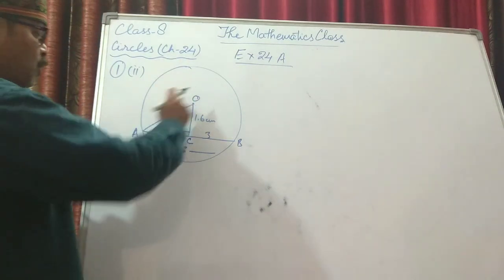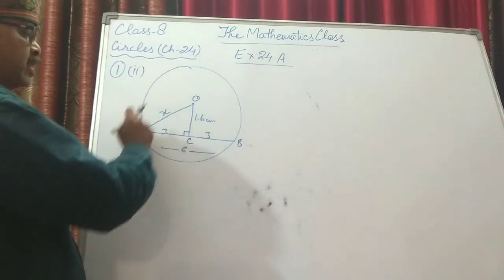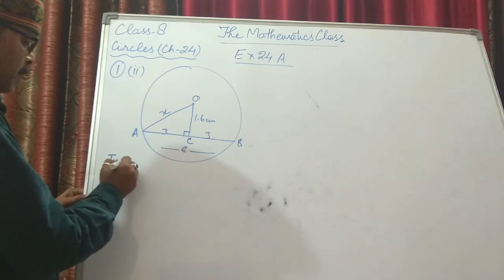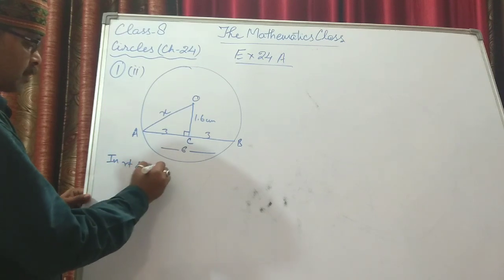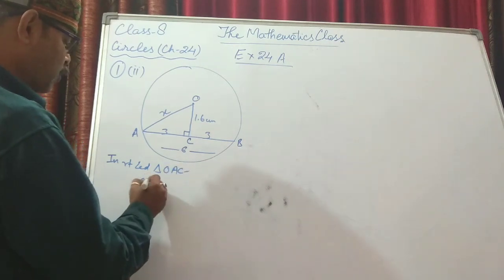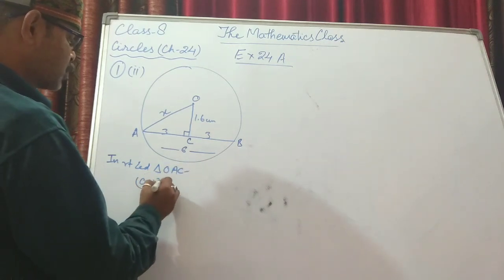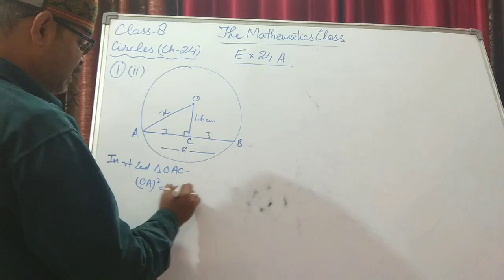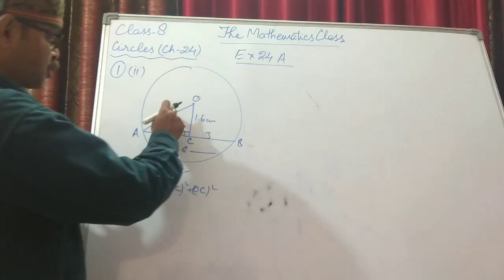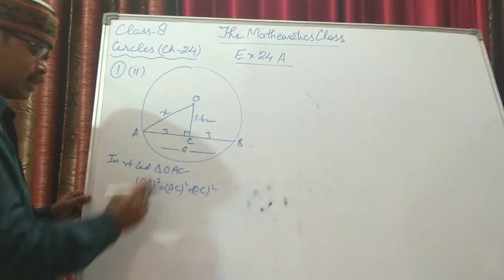In triangle OAC, since it is a right angle triangle, OA is the hypotenuse: OA square is equal to AC square plus OC square. Hypotenuse square is equal to the sum of squares of the other two sides.